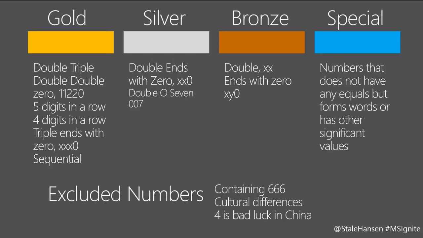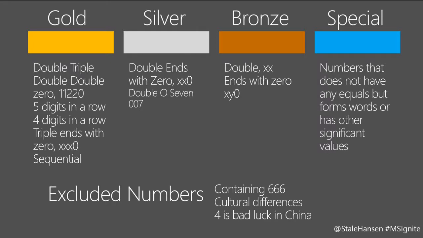And there are also some numbers you want to exclude. Numbers containing 666, for instance. But there are big cultural differences here, because 666 is not a well-received number in Western Europe or maybe in North America. But in China, they really like 6 because it brings luck.